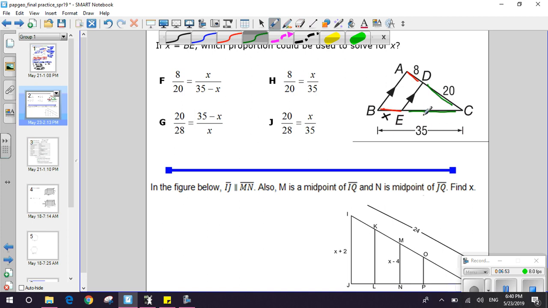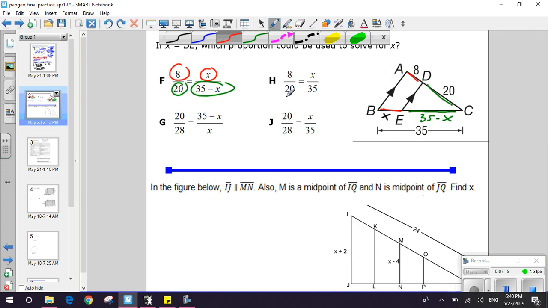We could say it is 35 minus x though. So let's see if this setup is one of the options. So I'm going to color code everything the same way I've done it. So 20, 35 minus x, and 8 is to x.